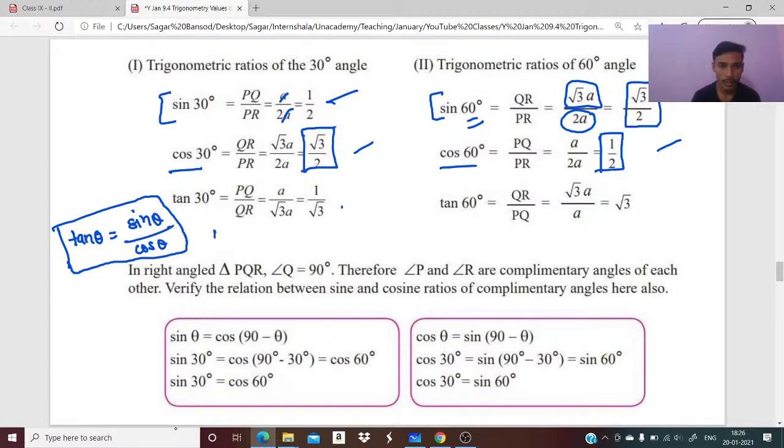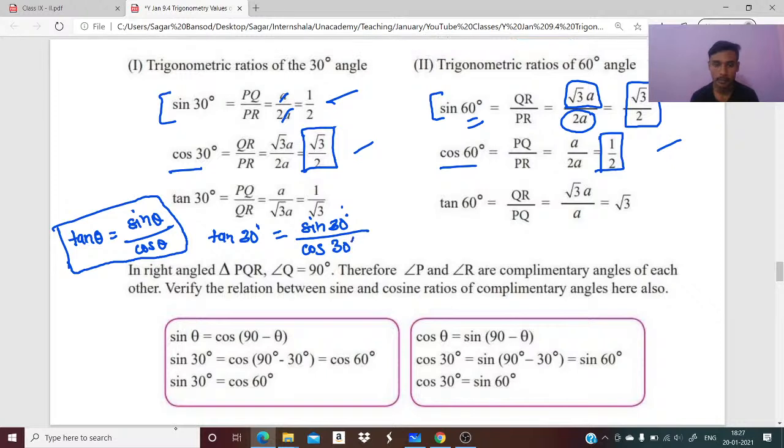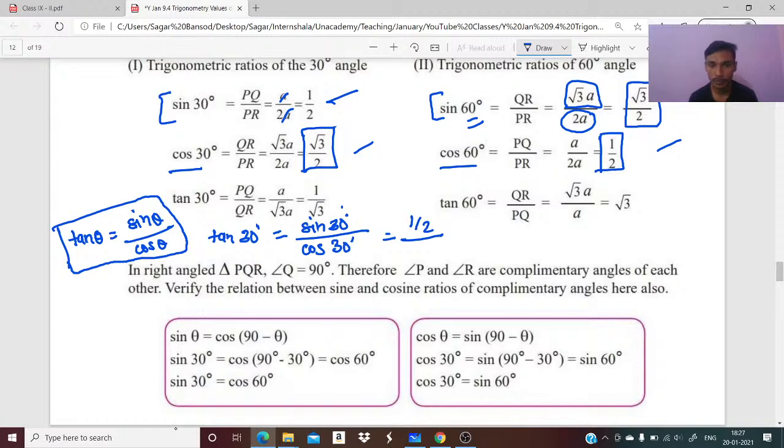Therefore your tan of 30 degree will be equal to sin of 30 degree upon cos of 30 degree. What is your sin 30 degree? It's half. And what is your cos of 30 degree? It's under root 3 by 2.